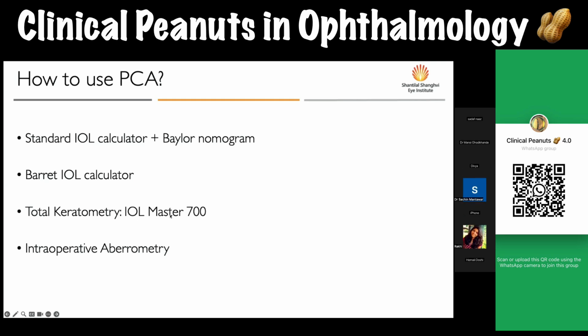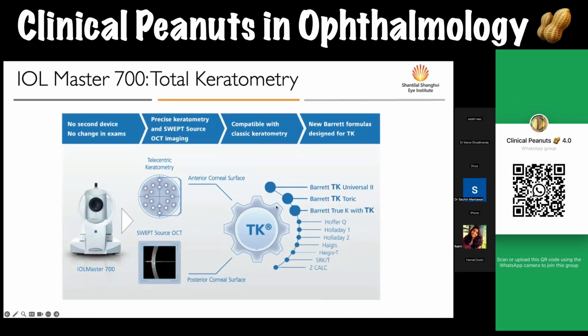What the IOL Master 700 does is it measures directly, and very accurately, the anterior cornea as well as the posterior corneal surface to give you something called a TK, or total keratometry, which combines the anterior and posterior corneal surface measurements, so that it's a direct measurement of the anterior and the posterior surface of the cornea.